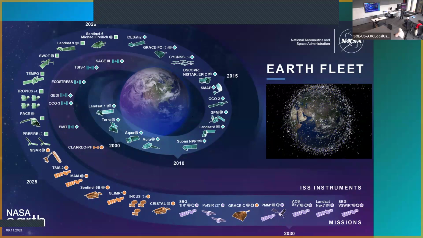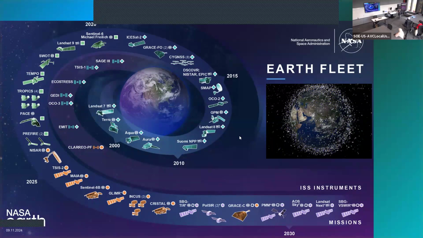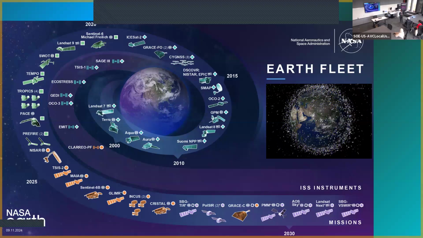Similarly, if you see the Earth fleet or the debris of the Earth, all these small dots are satellites. Those are taking huge information of our Earth for different types of planning and observation. So different types of satellites are giving huge data, and we need to utilize these data.